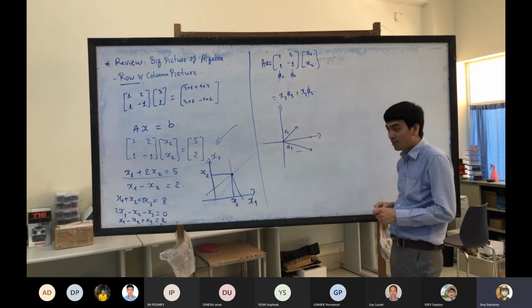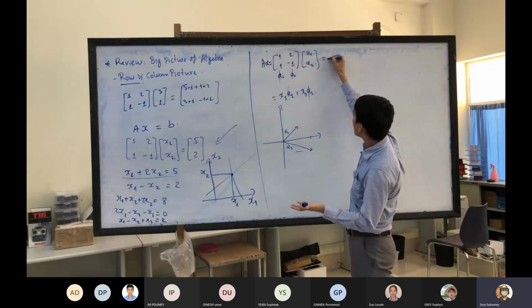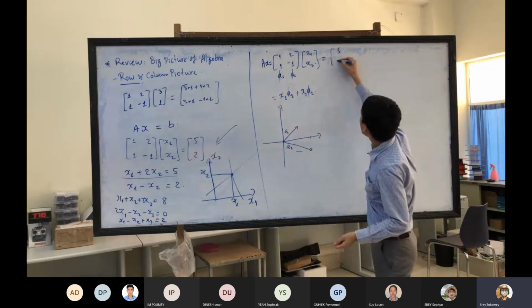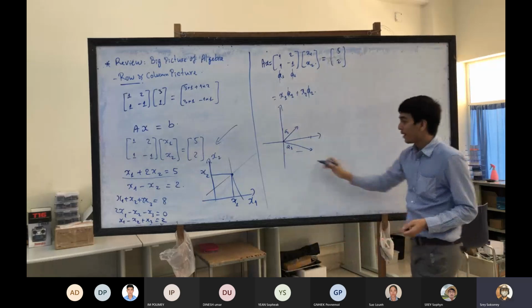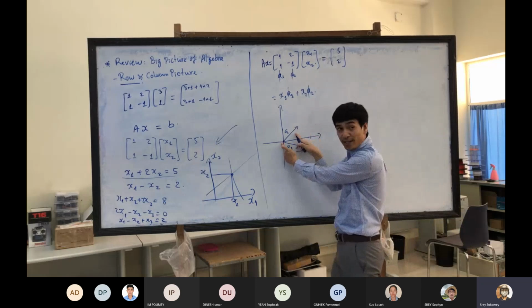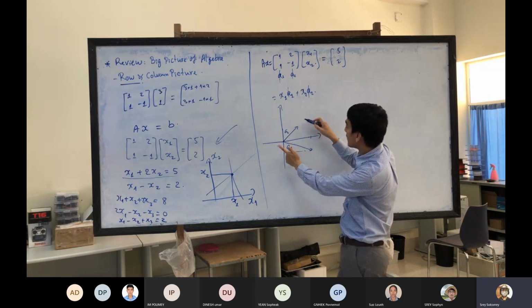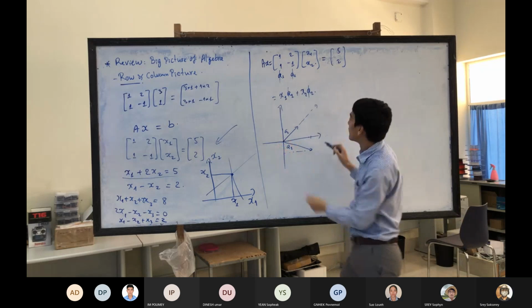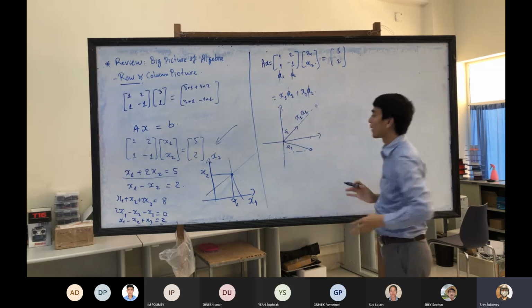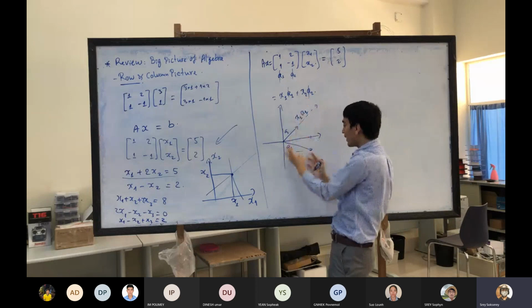So the color picture means that if you want to solve this equation, you find h1 multiplied to A1, and then h2 times A2.